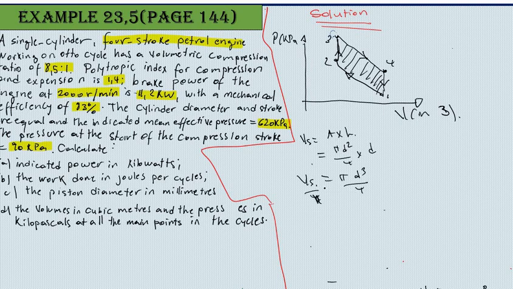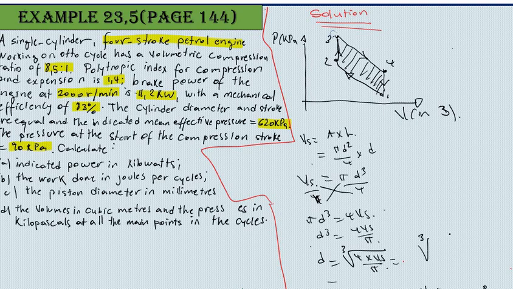We can make this the subject of the formula. If we do the cross multiplication, we have pi d cubed is equal to 4 Vs. D cubed will be 4 Vs divided by pi, and then D will be the cubic root of 4 multiplied by Vs over pi.